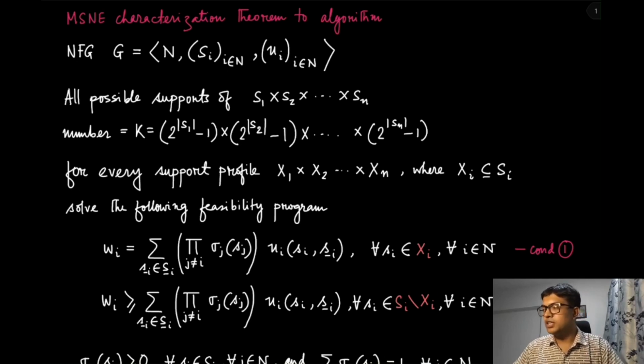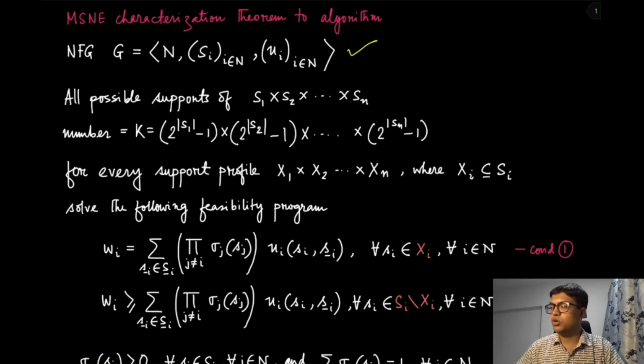So we are starting with a normal form game as given here. And the first thing that we'll have to do, because the characterization theorem is saying everything on the basis of the supports, is fix the support profile, and we'll have to iterate over all possible support profiles. That's the way this algorithm works.